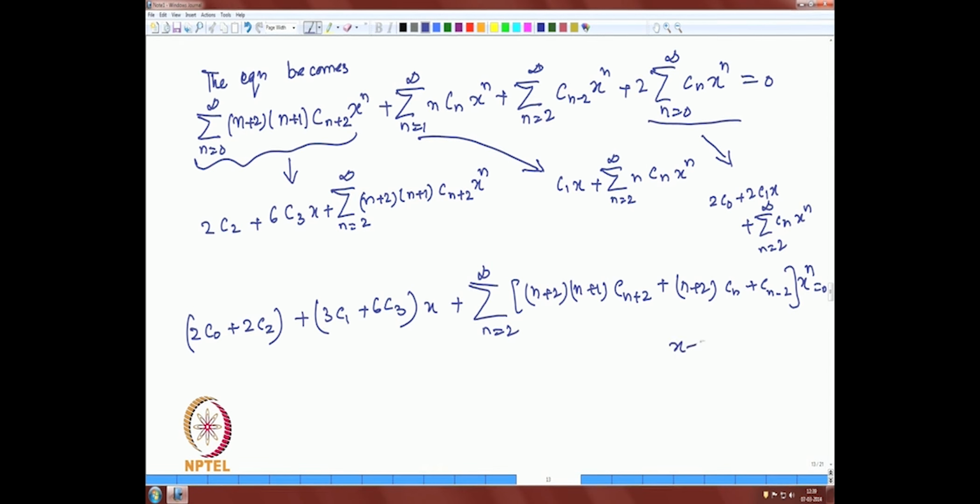And this series converges in the interval |x - x_0| less than R.